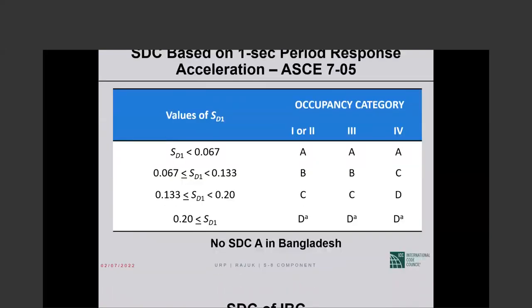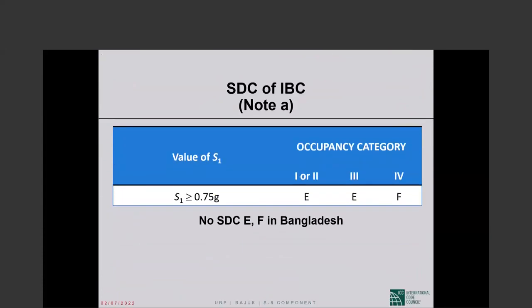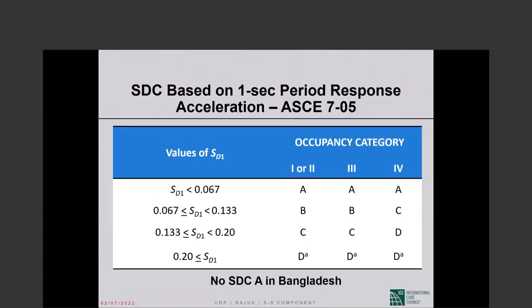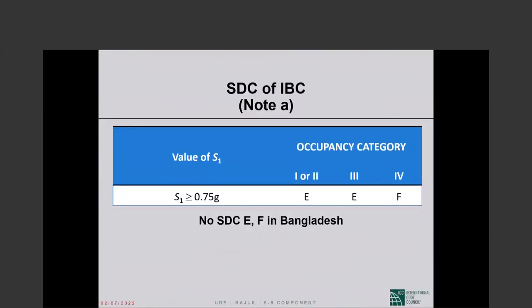Okay. Now, the tables give you A, B, C, D, but then there are those notes to go with the table. And the notes we have translated into a little table. The notes actually say, if your site is located where the mapped long period ground motion can be larger than or equal to 75% of gravity. Okay.